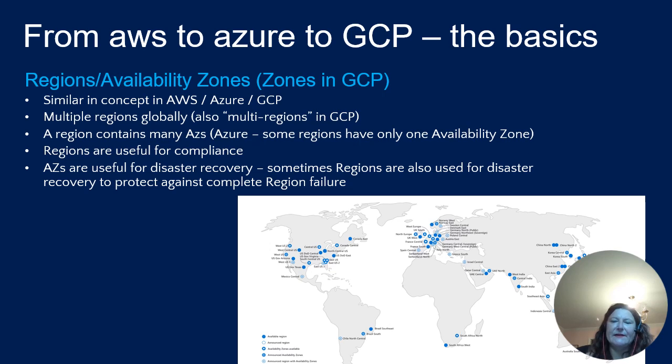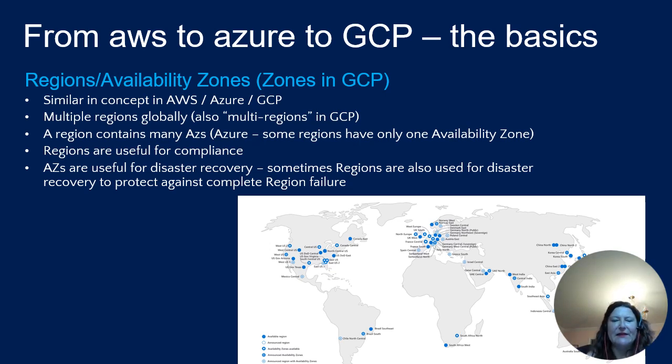One of the things that's most similar between the three clouds is the concept of regions and availability zones. In Google Cloud they're called zones, but pretty much they're the same thing in all three clouds. Regions are larger areas, and availability zones are smaller areas within the region.